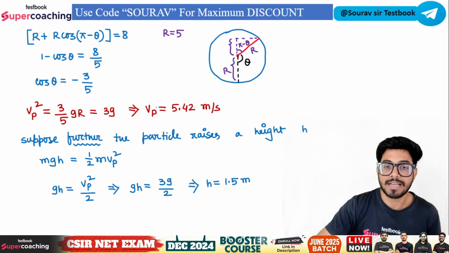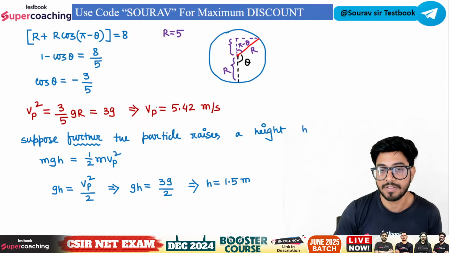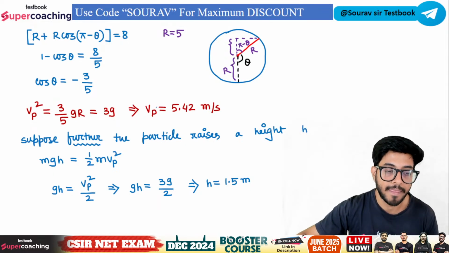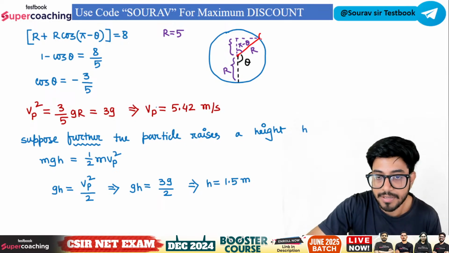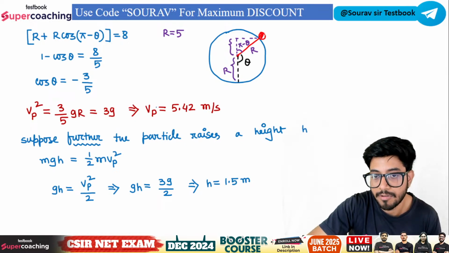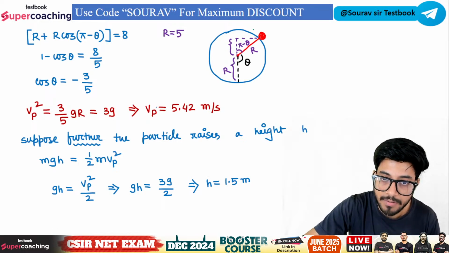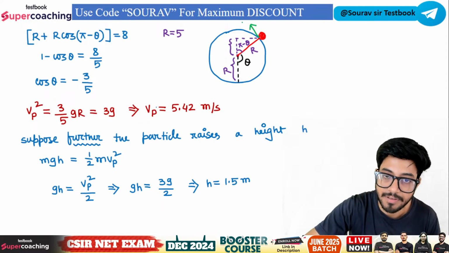Or actually it has a velocity along the vertical direction as this. It has a velocity along this direction, right? I just need to find out what angle the velocity is actually making. Okay, hang on. If my particle is over here, Vp is actually along the tangential direction. This is my Vp.